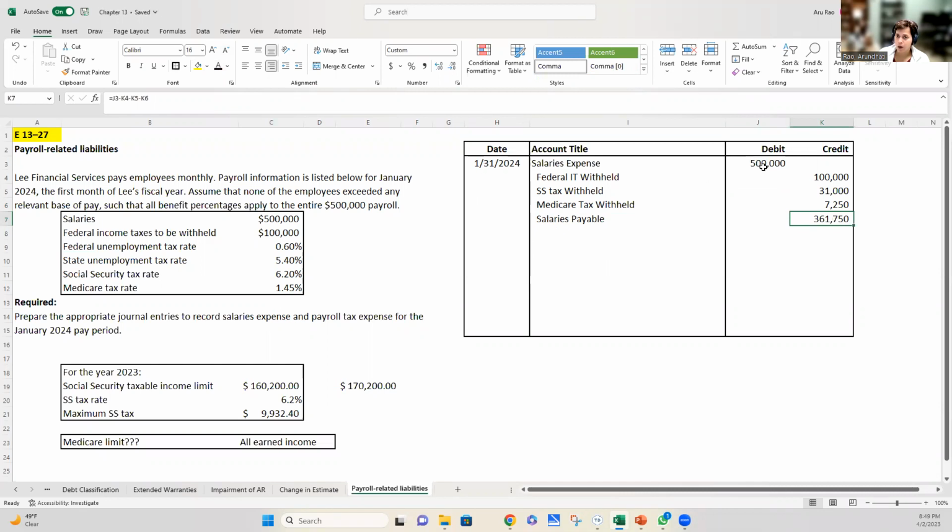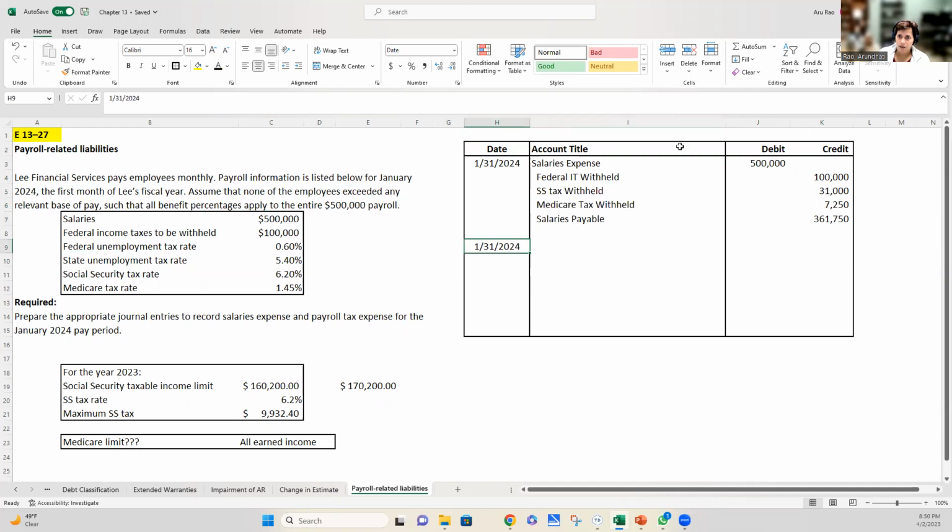So the employees have earned 500,000, but what they're getting by way of cash from me is 361,750. I shouldn't get excited thinking that I'm not paying 500. The remainder, these are all current liabilities, and they will go to 3 different government agencies. I'll have to send the money out to them.